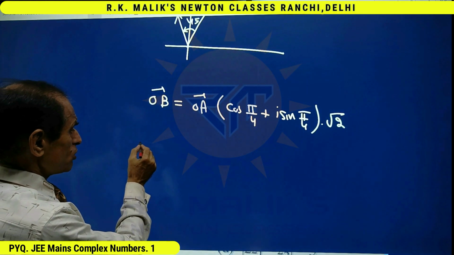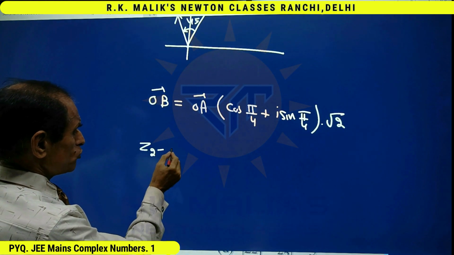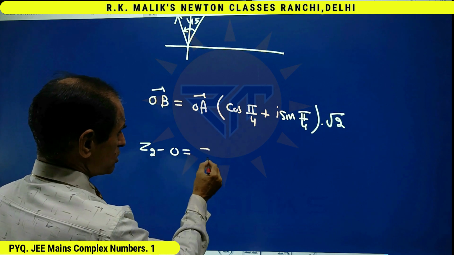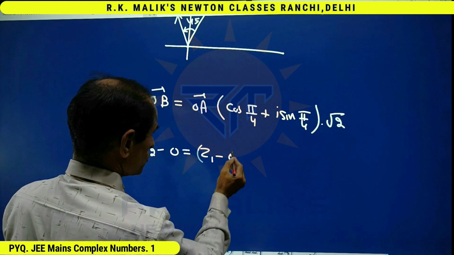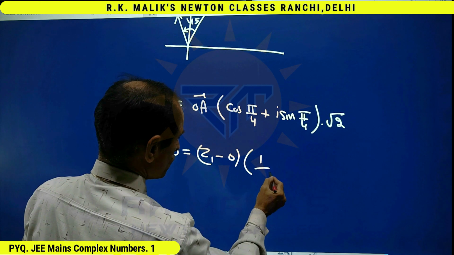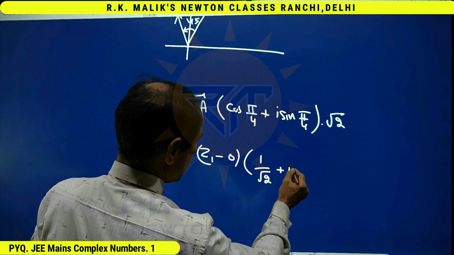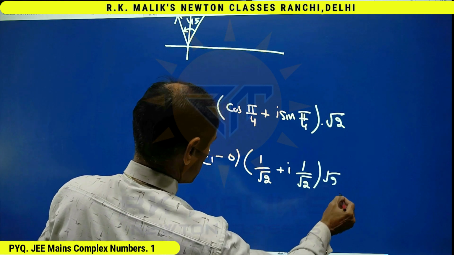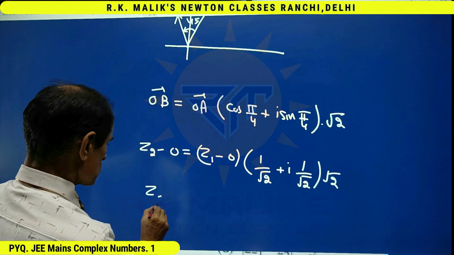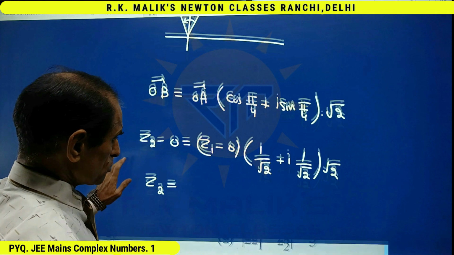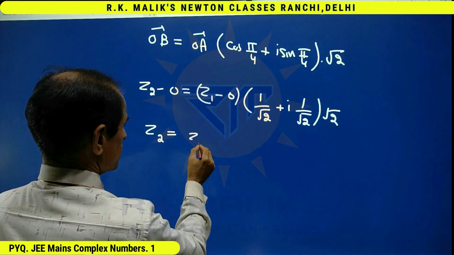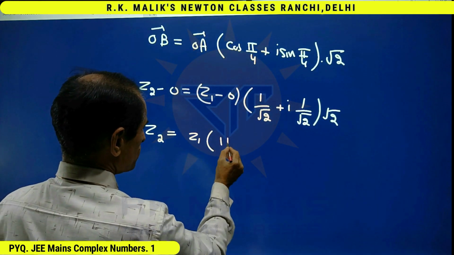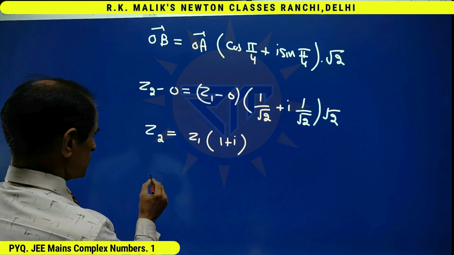And now, Z2 minus 0 is equal to Z1 minus 0 into 1 by root 2 plus i into 1 by root 2, into root 2. Z2 equal to Z1 into 1 plus i.